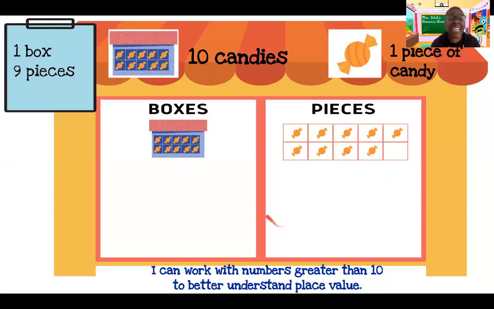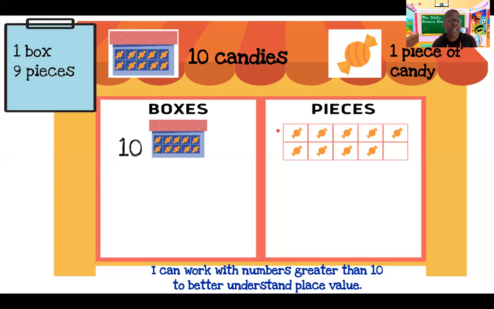Now, do I need to count every little piece of candy in the 10 frame? No, I don't, because I know that a tens frame when it's full, holds exactly 10 pieces of candy. So we can start at the number 10. Well, if I start counting at 10 and then I start counting over here on my pieces, what is the next number after 10 when counting by ones?